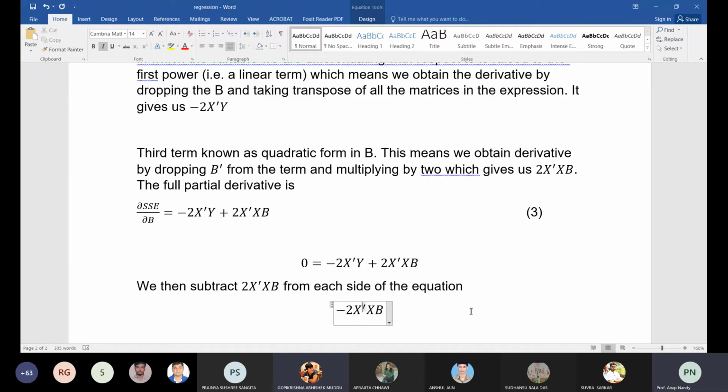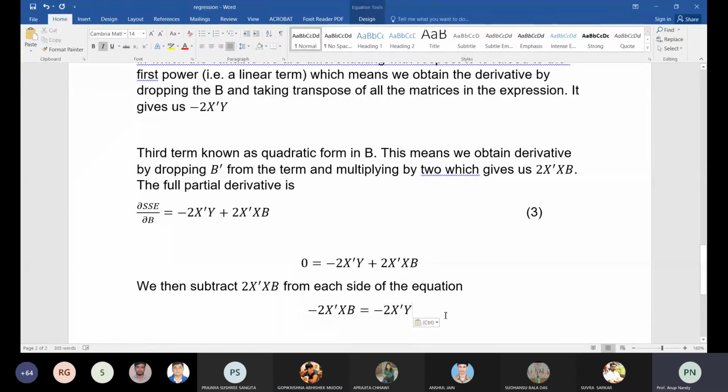Yes, so I'm just writing it again. Minus, or you can simply subtract from each side of the equation, minus 2 x transpose y, or you can simply just rearrange it. So there is no problem.